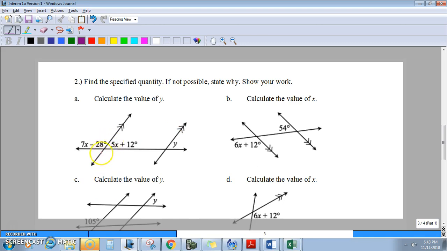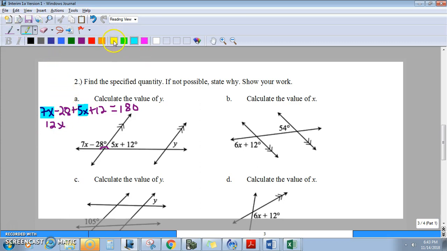So in question A, we know that these two angles are going to be supplementary. So we know that 7x minus 28 plus 5x plus 12 is equal to 180. And we add our like terms. So we have our 7x and our 5x is going to be 12x.